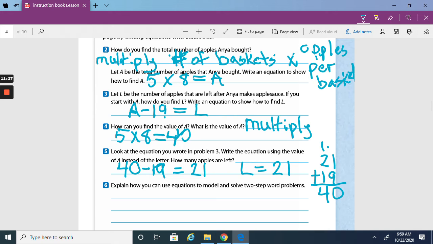Number 6 says, explain how you can use equations to model and solve two-step word problems. Pause the video here and discuss with whomever is there with you or think about it yourself. How could you explain how to use equations to model and solve two-step word problems?